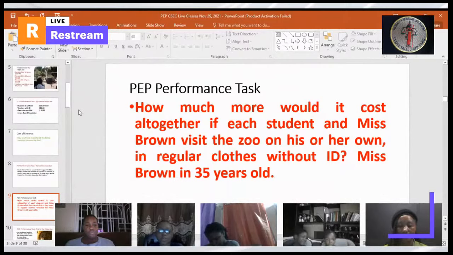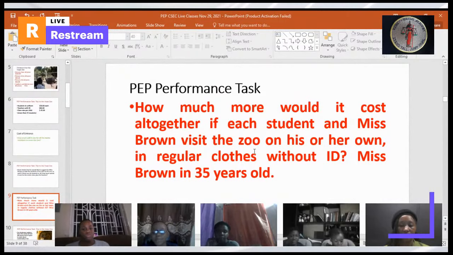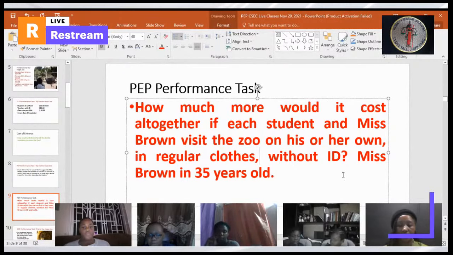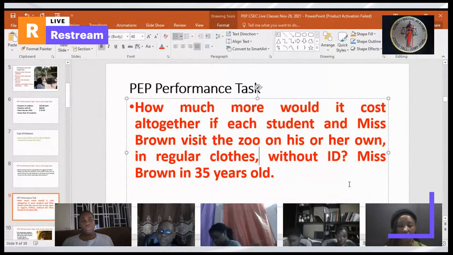How much more would it cost altogether if each student and Miss Brown visit the zoo on his or her own, in regular clothes, without ID? Miss Brown is 35 years old.